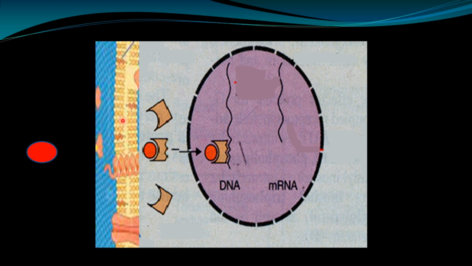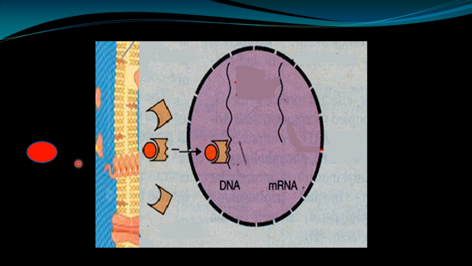This is the cell membrane, and this is the cytosol, and this receptor is present in the cytosol. An example of such intracellular receptors is the steroidal hormones. All the steroidal hormones have a receptor inside the cell in the cytosol.